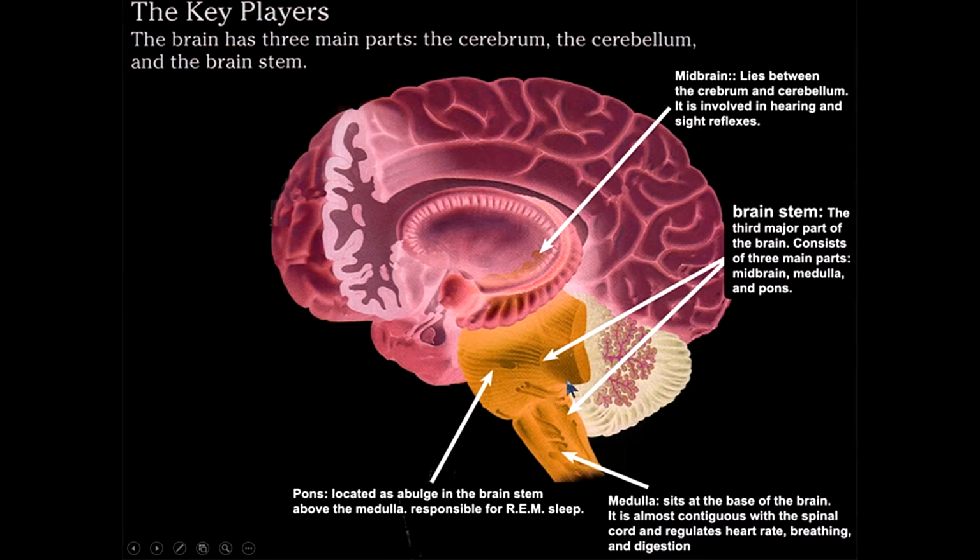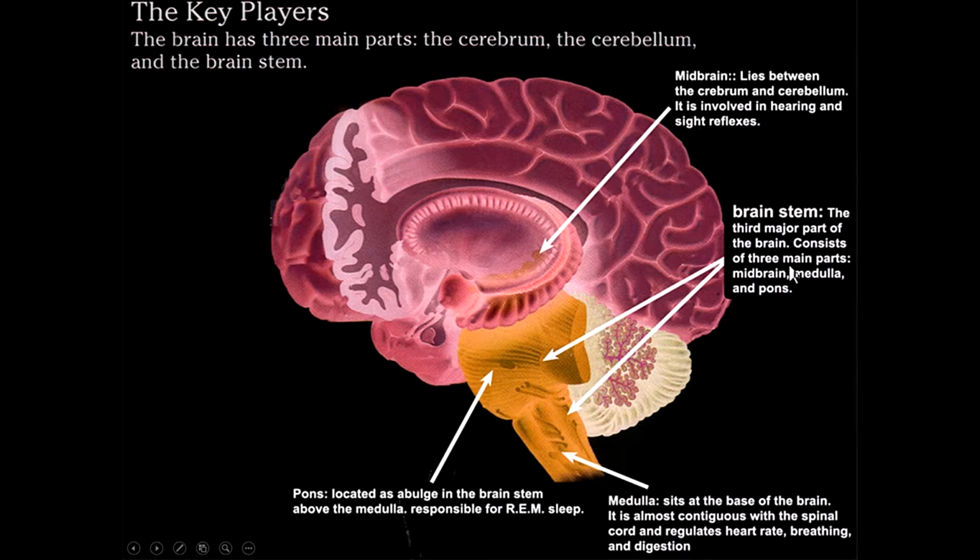And then in the brain stem, we also find different divisions. Remember that histologists and anatomists like to give names to different portions. One of them is called the midbrain. That is the portion here, in orange, that really interacts with the cerebrum, and it has to do with reflexes based on hearing and sight.